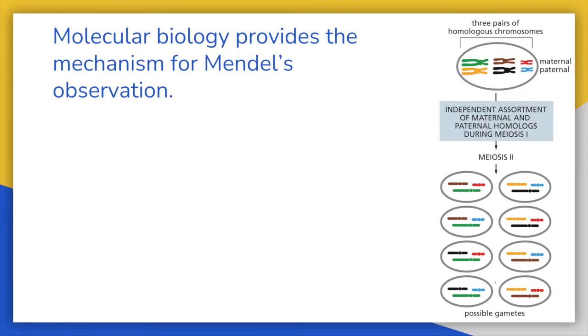In this picture, we see 3 different chromosomes with the maternal and paternal alleles shown, and all of the possible gametes that can arise. So the combinations get more extensive the more chromosomes we add. And so in the case of humans with 22 possible chromosomes, the way that alleles assort during meiosis 1 into meiosis 2 provides much of the diversity that we see in human populations.